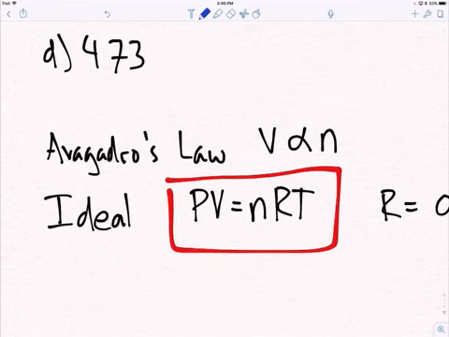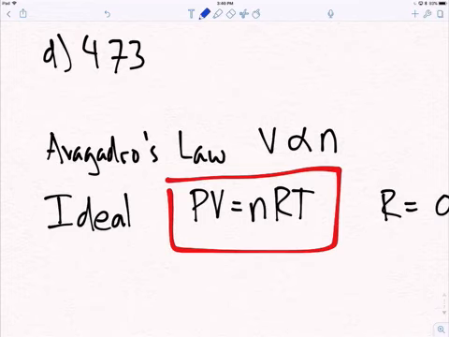You add more air to it, which increases the number of moles, and what happens to the balloon? It gets bigger. So volume is directly proportional to number of moles, which is why you blow air into balloons to blow them up. You never thought about that when you were a kid, right? Now I am verifying Avogadro's law. What you should have thought.